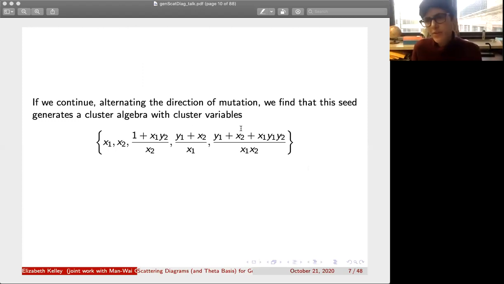To get back to the initial seed, I would actually have to mutate more than just these 5 times, because if I'm tracking the coefficients, there's some swapping that goes on, and I don't get quite back to the original seed after just seeing each of the unique cluster variables. But this is sort of an aside. There are maybe some interesting enumerative questions you could ask, but unfortunately it's a tangent.